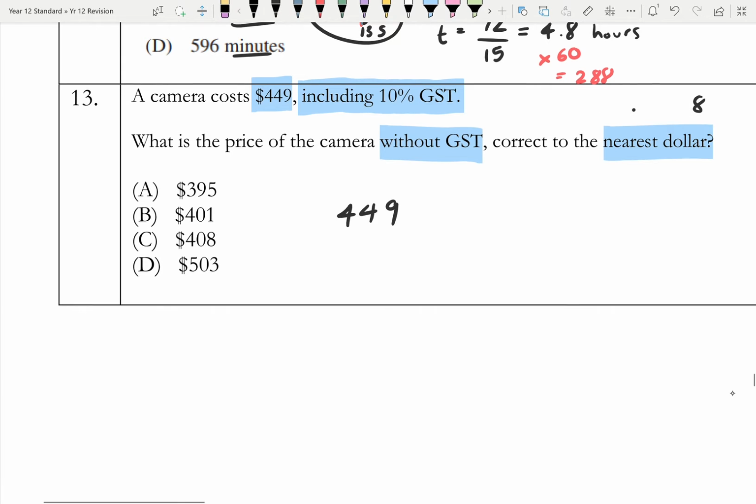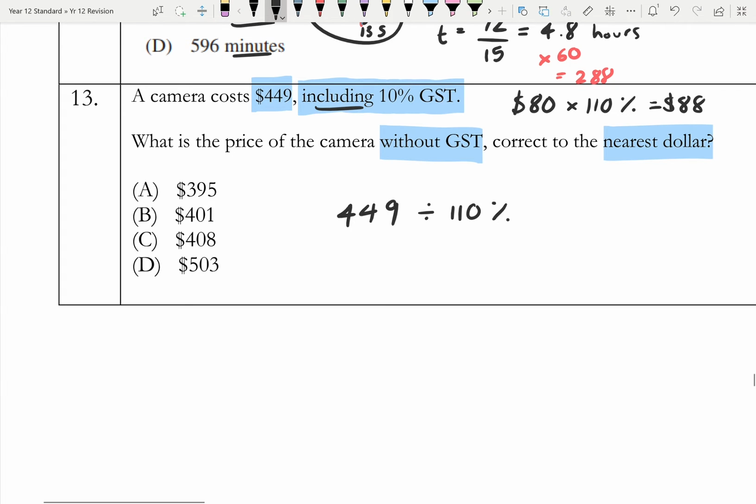Normally I'd times to get my price with GST. Now if I've already done that to get my 449, because that's already including GST, I just want to undo that. So instead of timesing by 110%, I want to divide by 110%.